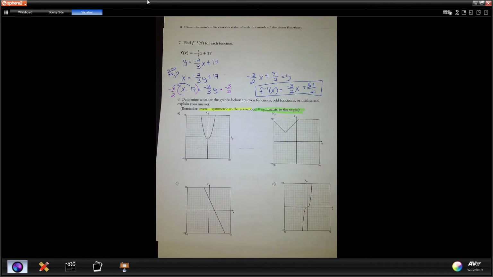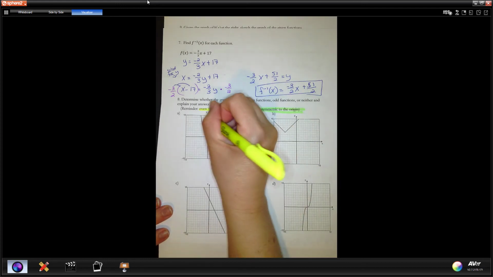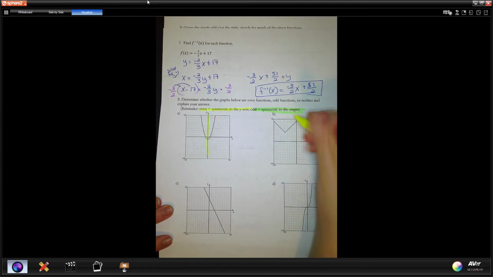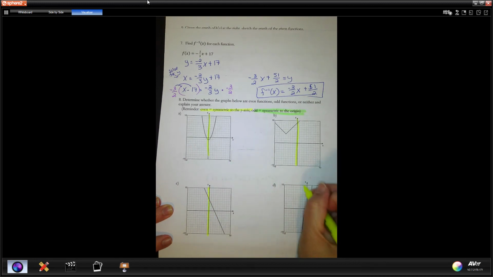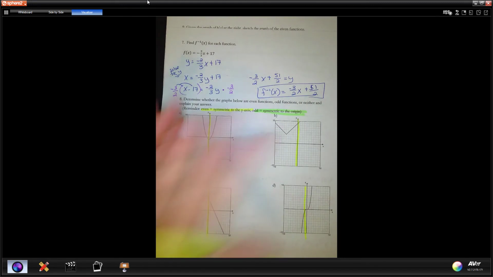And they would be neither if neither one is true. So let's look at all of these. So symmetric to the y-axis. So that means if I folded it up over the y-axis, both halves have to match up. So looking here, the only even function that we happen to have is this one.